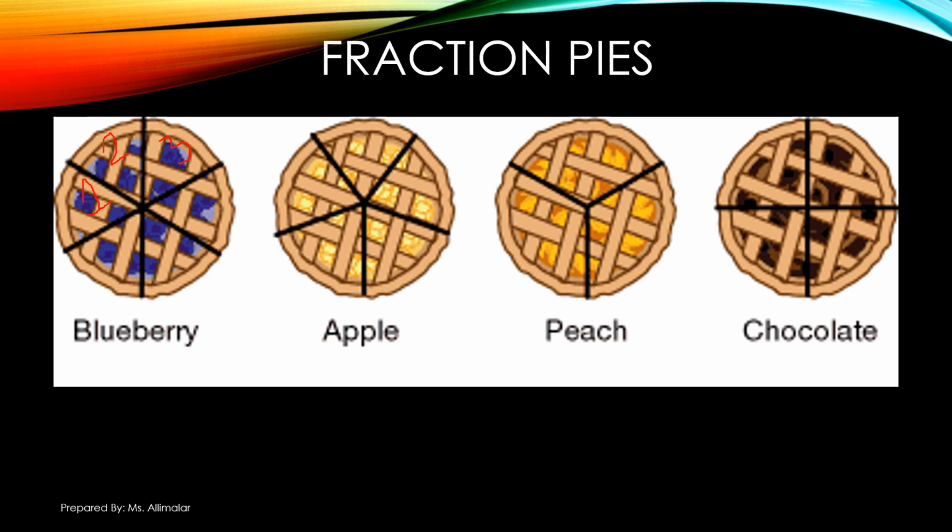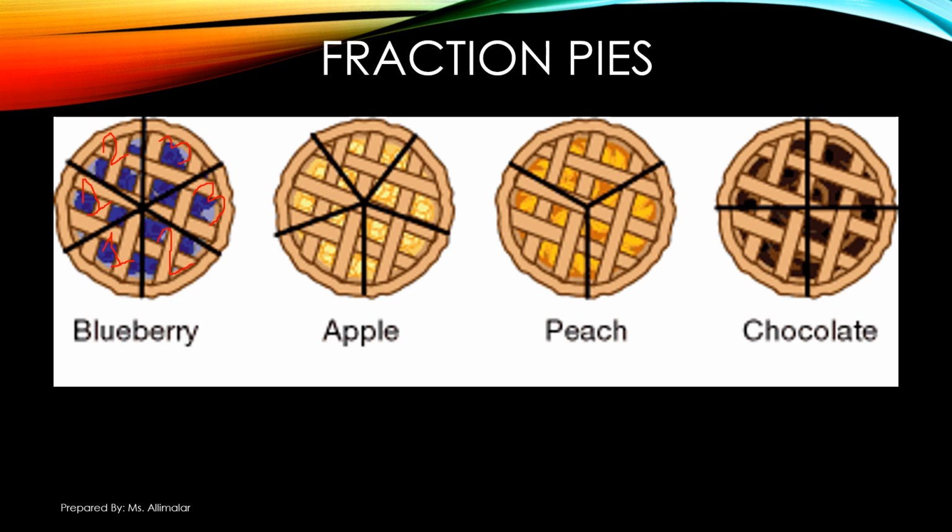Very simple, divide again: 1, 2, 3. If you realize, number 1 there's a 2, number 2 there's a 2, number 3 there's a 2, which means each child will get 2 parts. Clear?